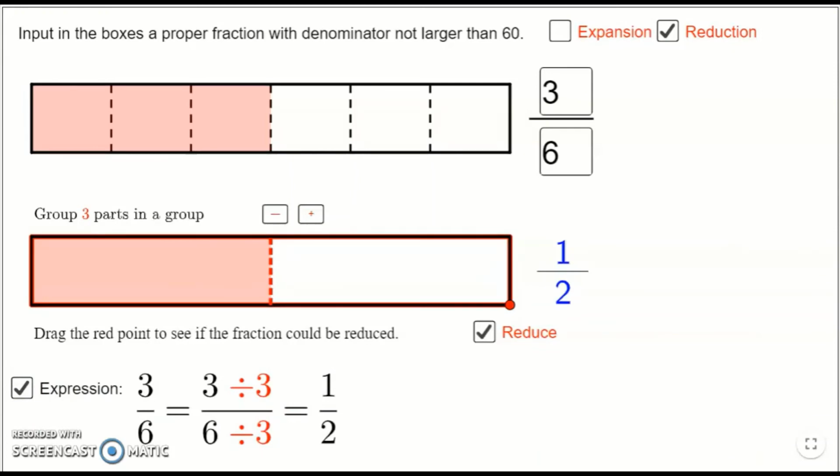So find the biggest number that will divide into both the numerator and the denominator. In this case, this is 3, and that's how we simplify fractions.